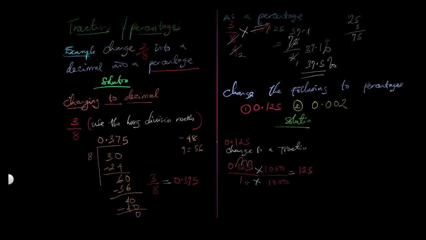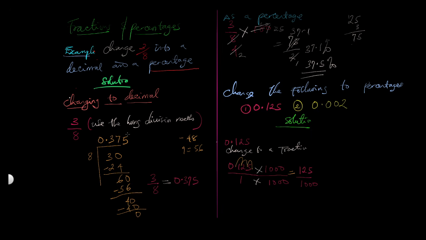Now, if you multiply the denominator, it becomes all over 1000. So this 0.125 can be written as 125 over 1000. And with this fraction now, it will be easier for us to solve for the percentage.